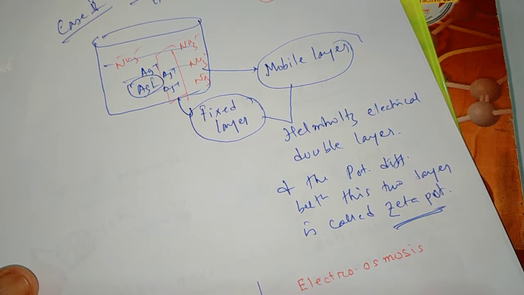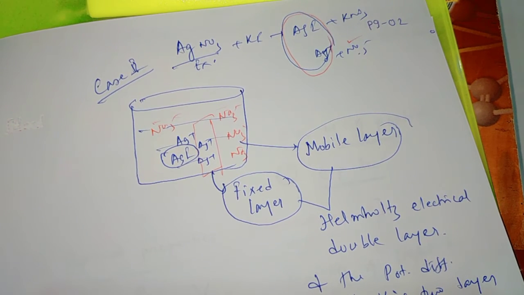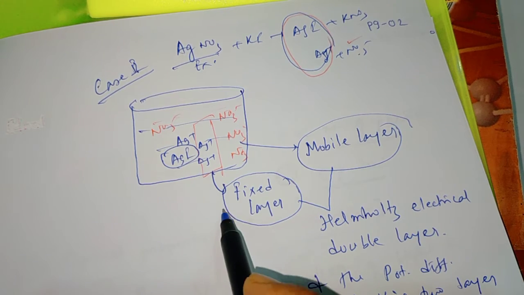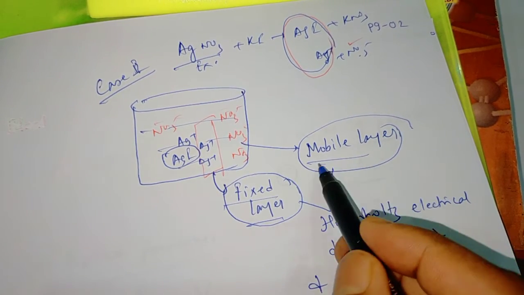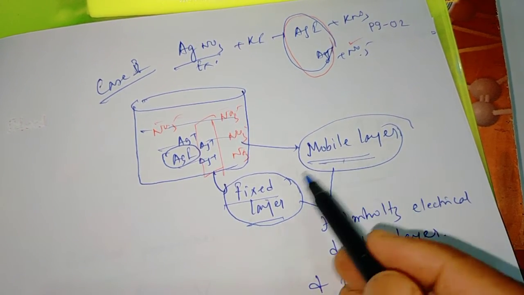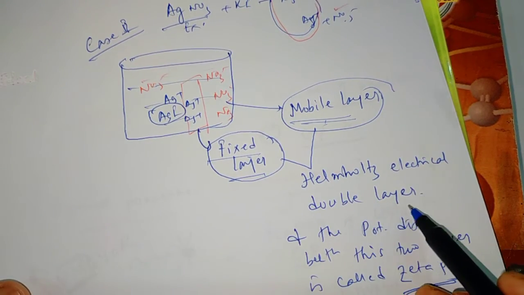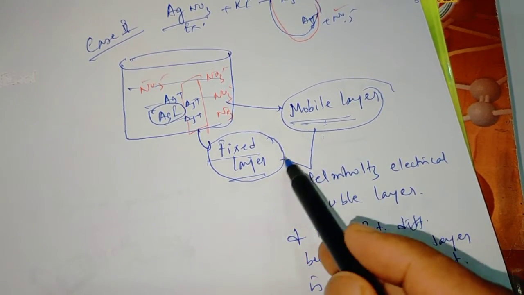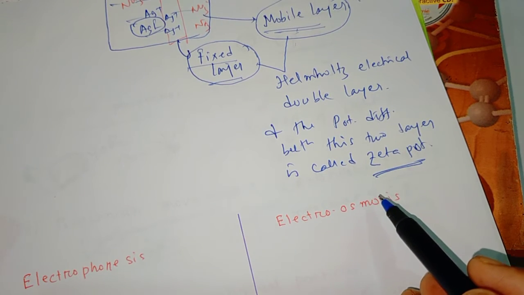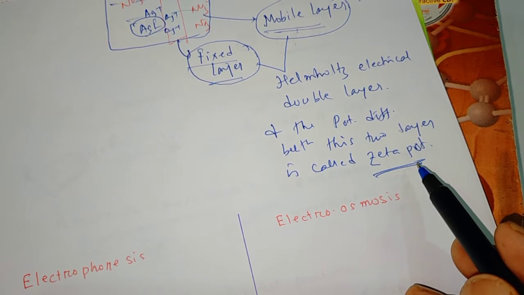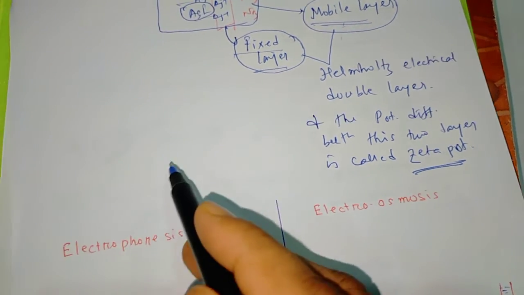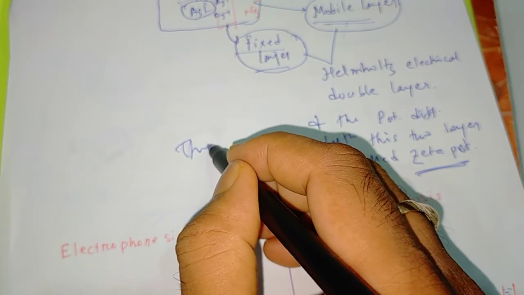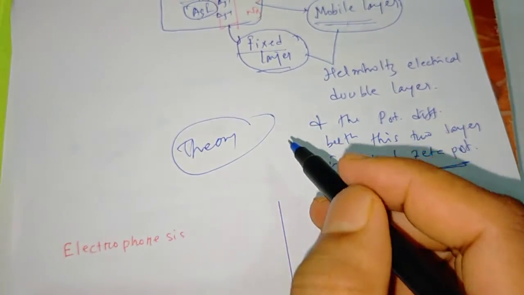Obviously this one attracts the opposite charge from the solution. So two types of layer are generated, one is fixed layer, another one is mobile layer. So these two layers are called Helmholtz electrical double layer, and the potential difference between these two layers is called electrokinetic potential or zeta potential. Now this is based totally on theory.